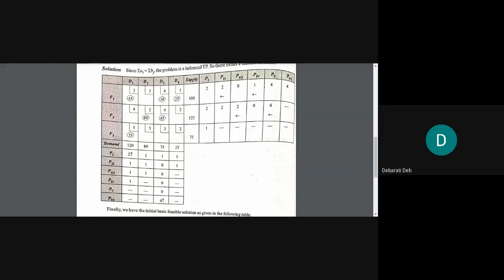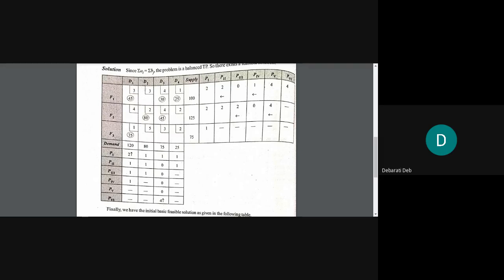Okay, so the step that you said will come now. After identifying the lowest cost in the identified column, we saw that the cell is F3D1, and corresponding to that cell, the row total is 75 and the column total is 120. Out of these two, the lowest one is 75. So we will allocate 75 in the cell F3D1.